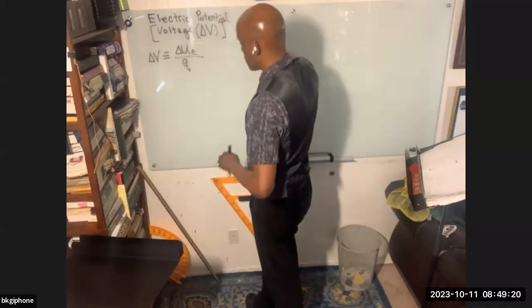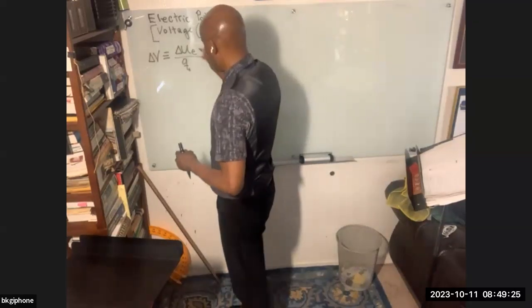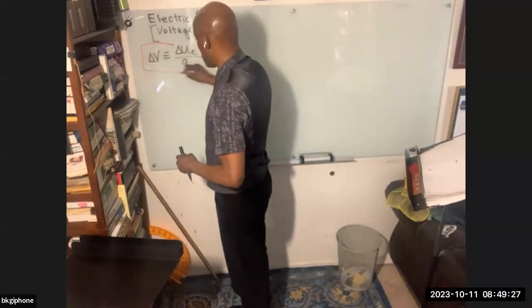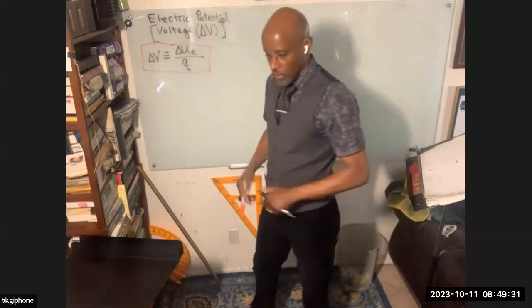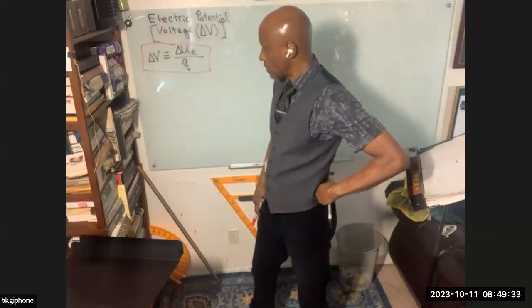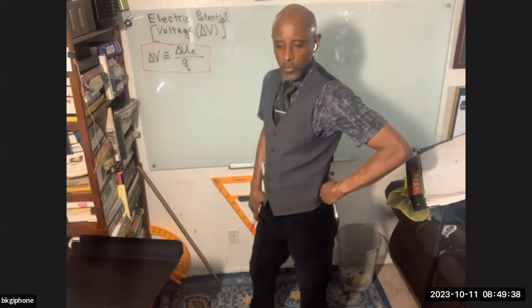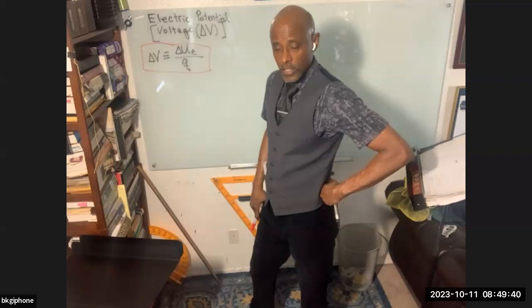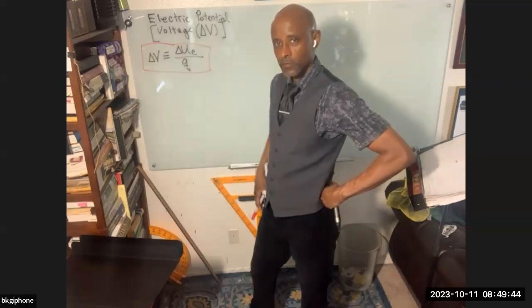Potential energy, or the change in potential energy, means the same with regard to electrical energy as it does gravitational energy. Electrical potential, or voltage, is the change in electrical potential energy per unit charge.